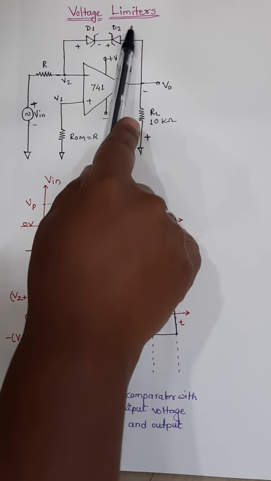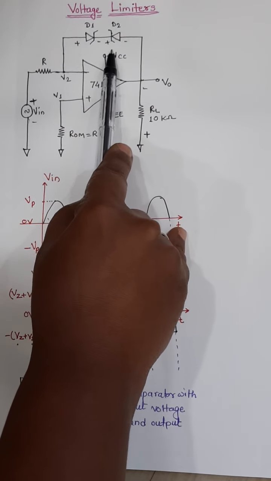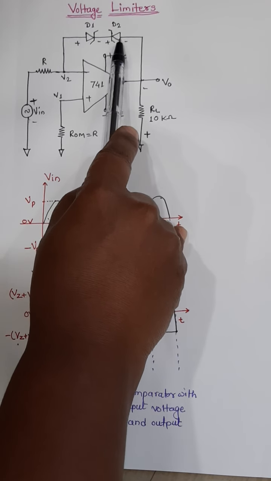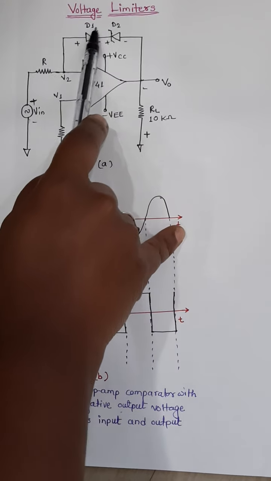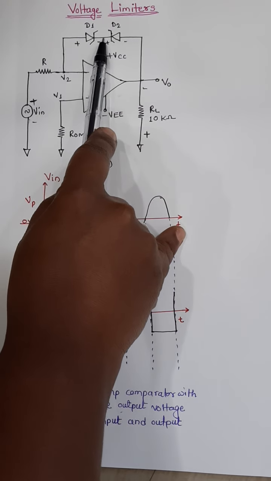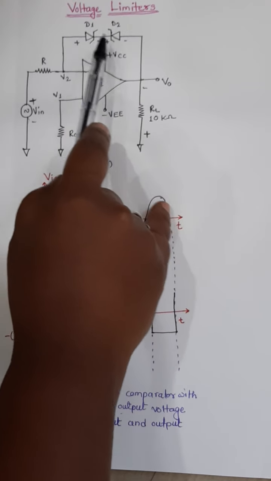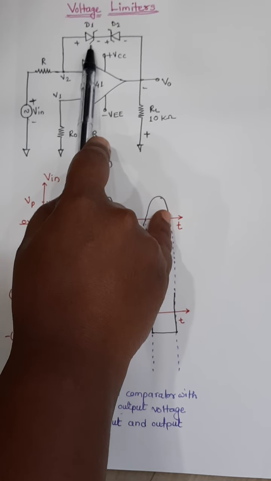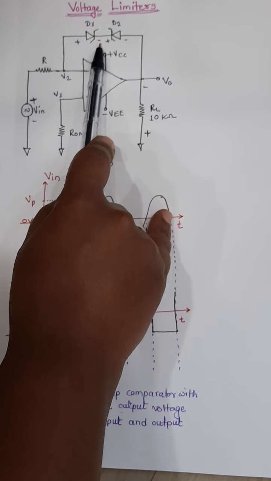This output will make diode D2 forward biased, because the positive voltage is given to the positive terminal of the diode. So now diode D2 is in forward bias and D1 is in reverse bias. This positive output makes D2 forward biased and D1 reverse biased, or we can say that diode D1 will go into avalanche conduction.